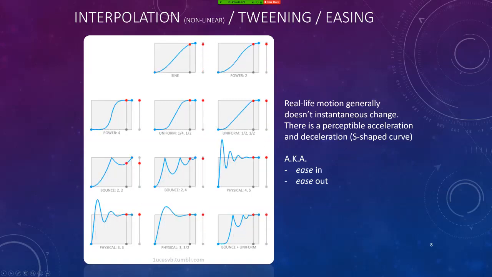Or maybe I have it backwards. Sometimes I forget. In any case, ease in might be slow coming out of here, and ease out might be slow going in here, or vice versa. But they're basically telling you how the value is starting to change around the endpoints.